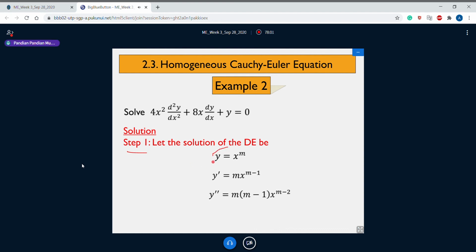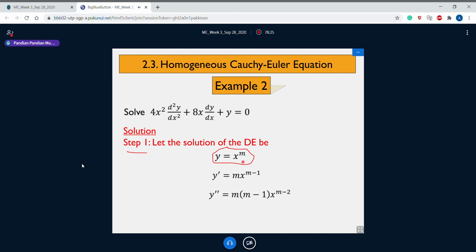So you start with y equals x to the power m. Those of you who are not familiar with the method, you can try this. This is a good exercise. You exercise yourself, you familiarize yourself, then you can compare the solution with the direct formula.